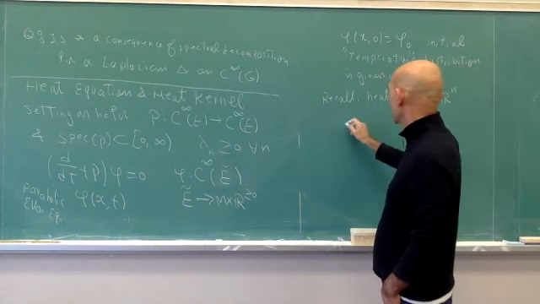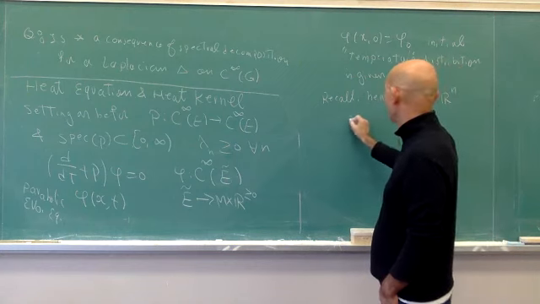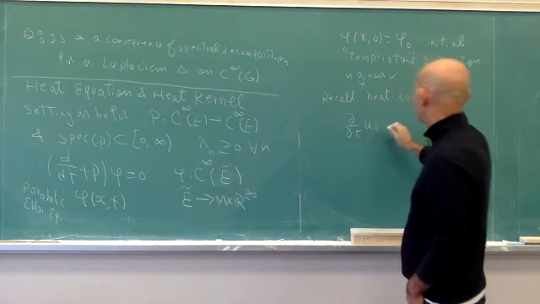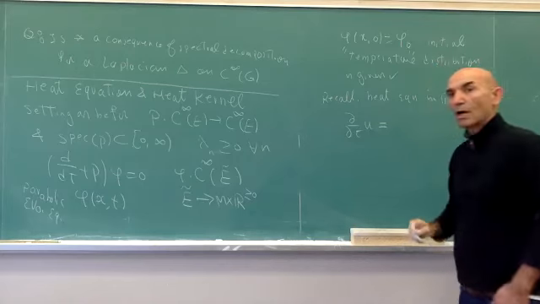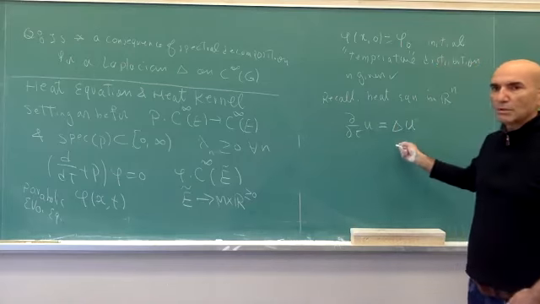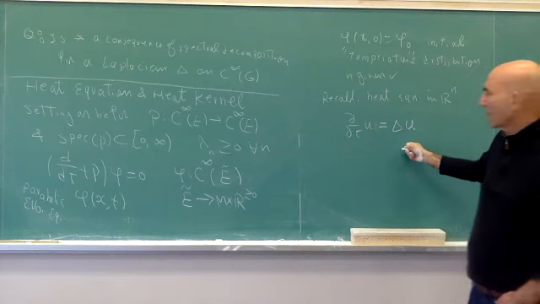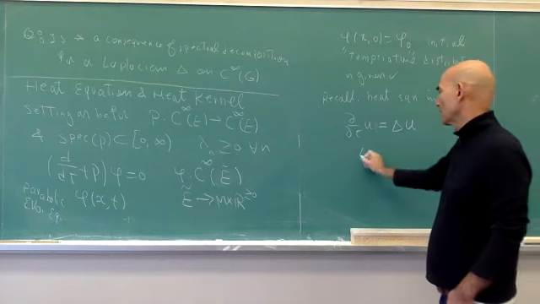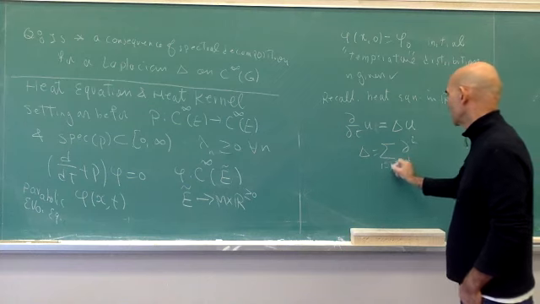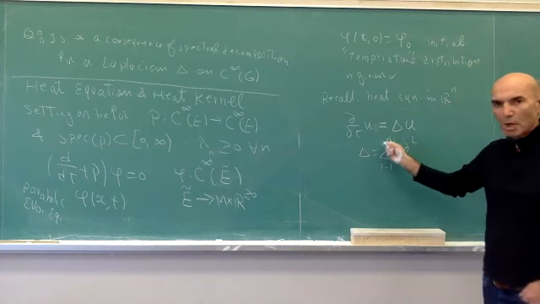It was d/dt of u equal to the Laplacian of u. That's the original heat equation in Rn. The Laplacian in that case is the analyst's Laplacian, not the geometer's, the sum of d_i squared.